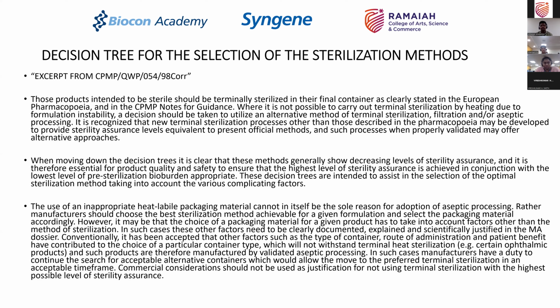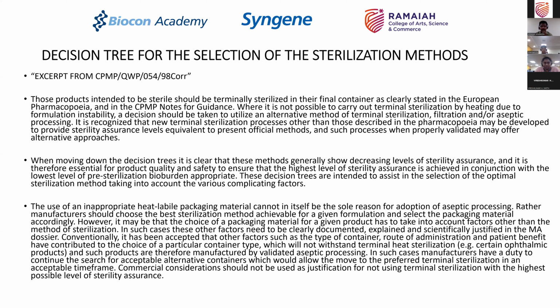So your filter, which is used for filtration, the holding tank, which is holding the bulk solution, and then the filling equipment where you have the vials as well as the entire filling mechanism, which could be either a rotary piston pump or a peristaltic pump, with the tubing and the piping, and the transfer piping between the filter and the holding vessel and the holding vessel and the filling equipment.